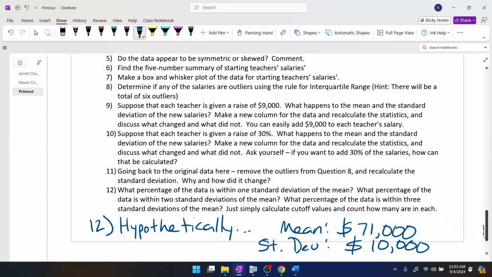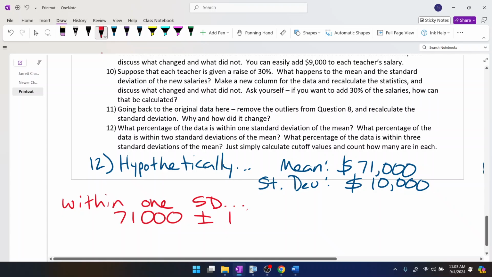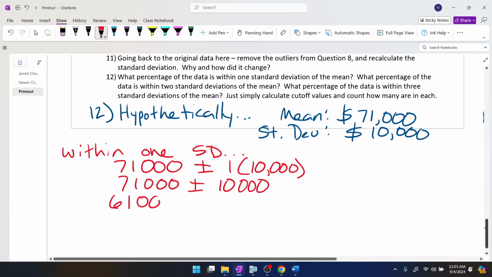So, what percentage of the data is within 1 standard deviation of the mean? Well, that's actually really easy. Within 1 standard deviation, you do 71,000 plus or minus 1 times 10,000. So basically 71,000 plus or minus 10,000. The boundaries go from 61,000 to, what would the upper value have to be? $81,000.